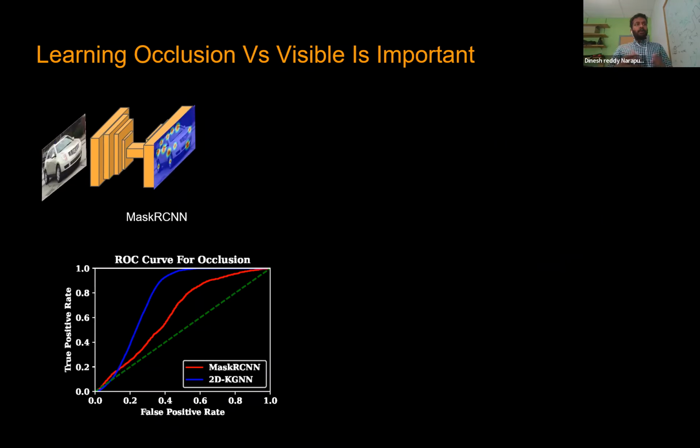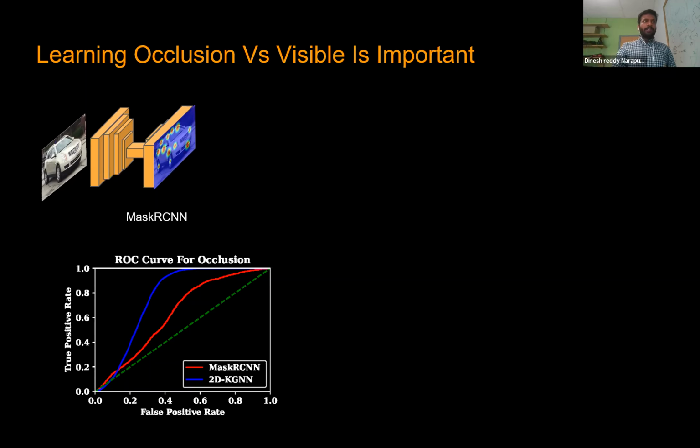As we go ahead, using our framework we are able to get a better ROC curve for occlusion compared to 2D GNN. This signifies that you need to learn occlusions explicitly in all these networks. Generally, irrespective of occlusion, they just predict the keypoint.